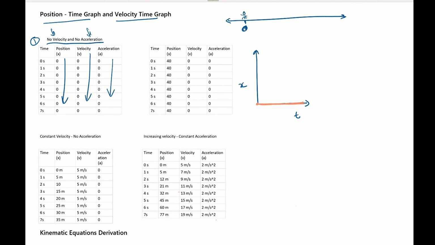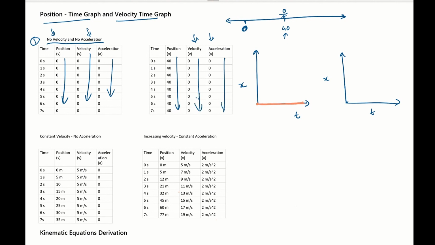Let us look at another scenario where velocity and acceleration are 0 as well, but instead of being at position 0, this person is at position 40. We don't know how that person reached there, but in this frame of reference, that person is at 40.